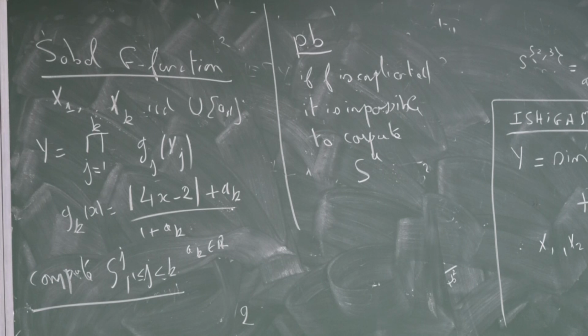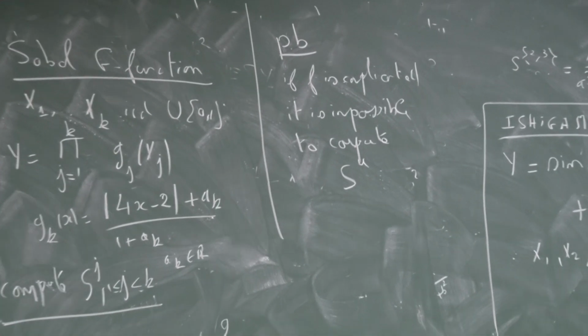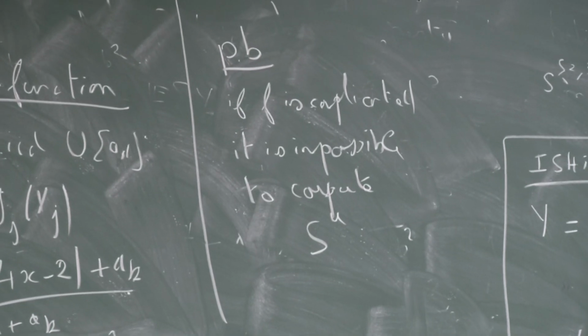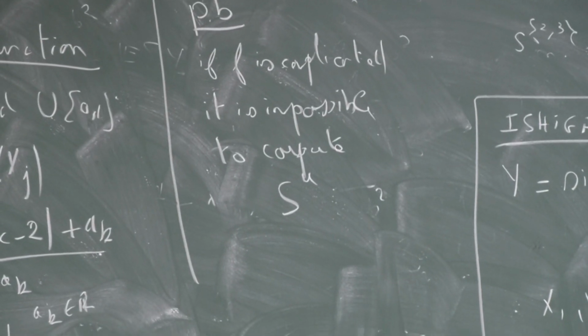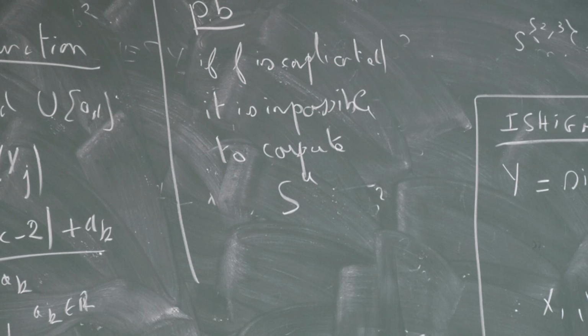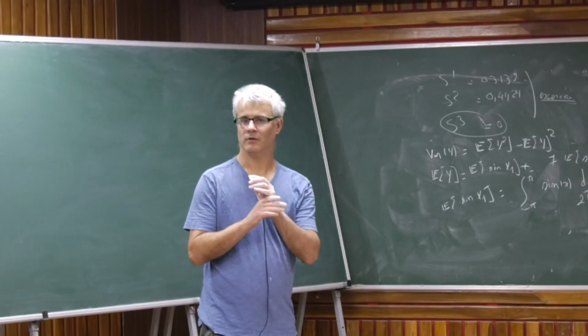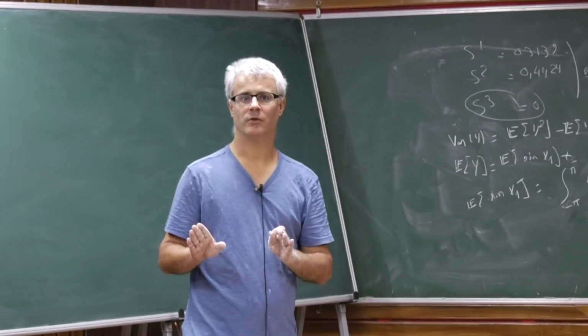And in addition, remember what I told you in the first lecture, is that in practice, we don't know F. F is just a computer code. I don't have a formula, so there's no hope to do exact computation, okay?